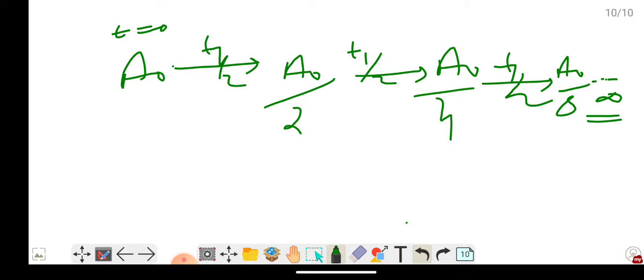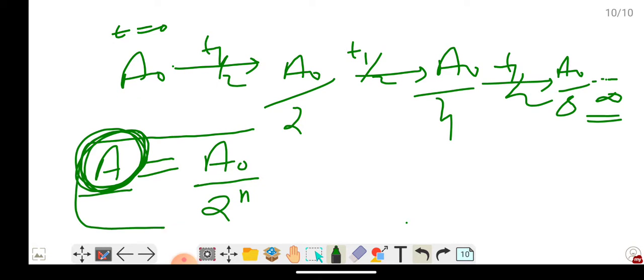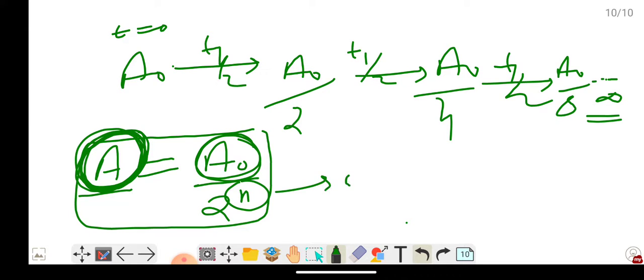So the concentration after nth half-life is calculated by formula: A is equal to A naught by 2 to the power n. Here A naught is the initial concentration of reactant and A is the concentration of reactant after nth half-life passed. And here n is the number of half-lives.